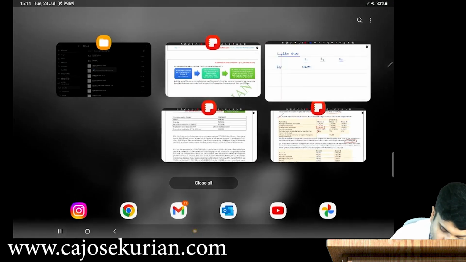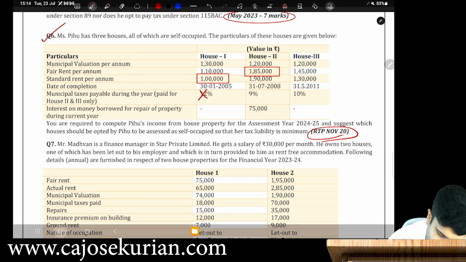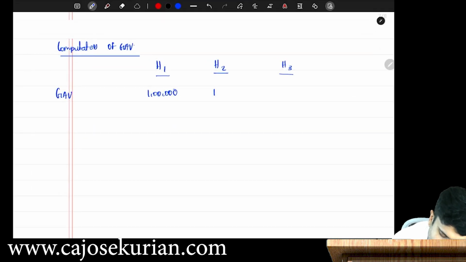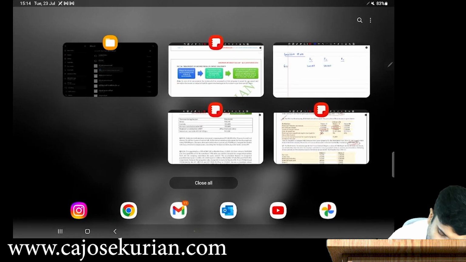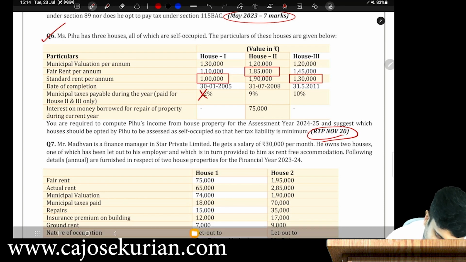How about house 2? Municipal value and fair rent, higher means 185. With the standard rent 190, lower means 185. So 185 will be the GAV in house property 2. How about house property 3? Municipal value and fair rent have to be compared and pick the higher, and that with the standard rent and pick the lower. That will be 1,30,000.